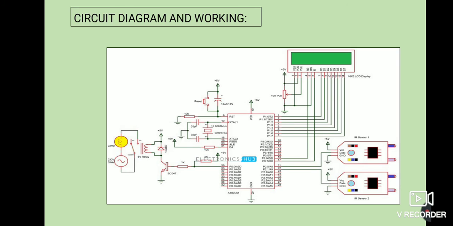The P3 pins 16 to 18 are connected with LCD pin numbers 4 and 6. Pin 4 is reset and pin 6 is enable. Then pin 3 is connected to the port, pin 1 is connected to the ground and pin 2 is connected to the supply. And port 0 is input. Pin number 39 is connected to the relay, which is further connected with the lamps and AC voltage sources.